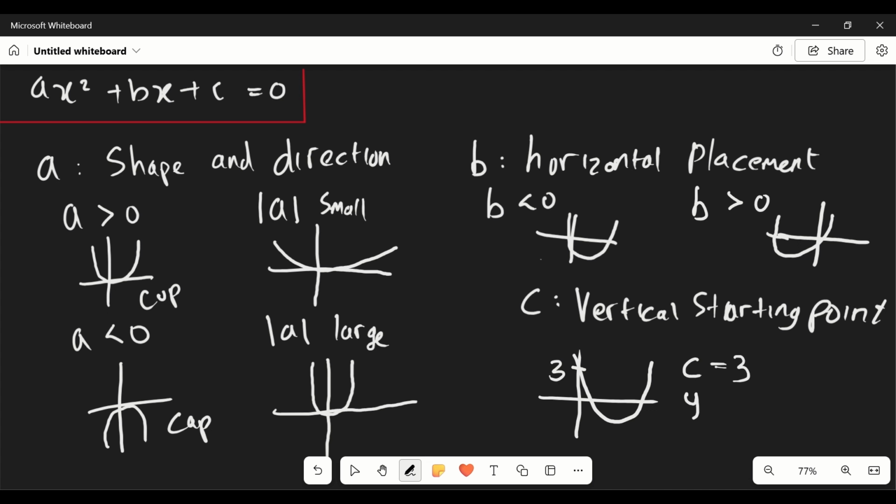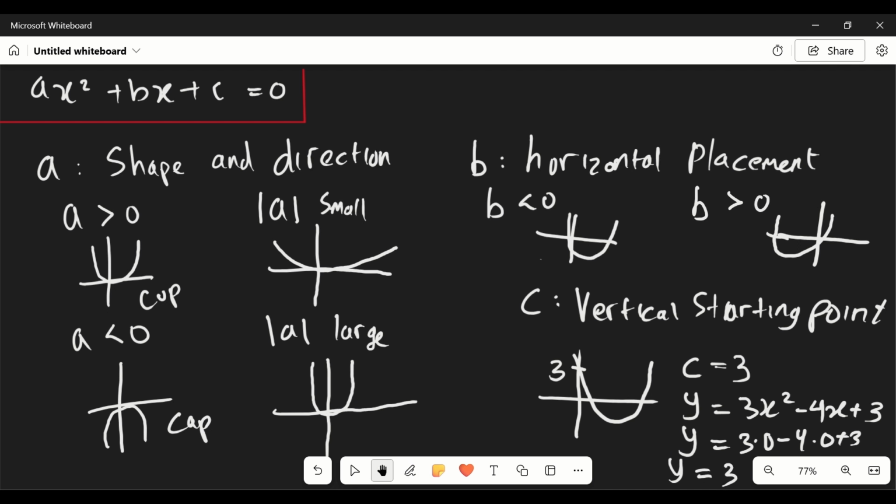For example, y equals 3x squared minus 4x plus 3. And if we put x equals 0, we have y equals 3 times 0 minus 4 times 0 plus 3, which is y equals 3.